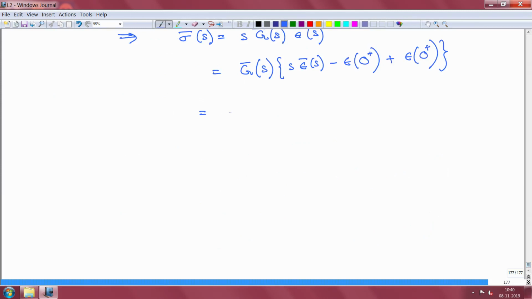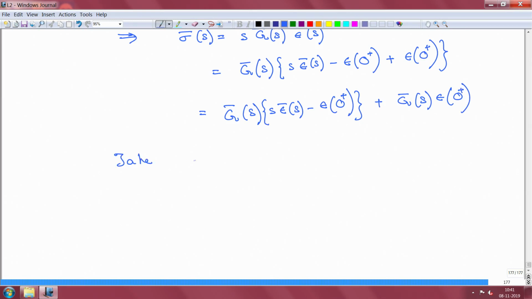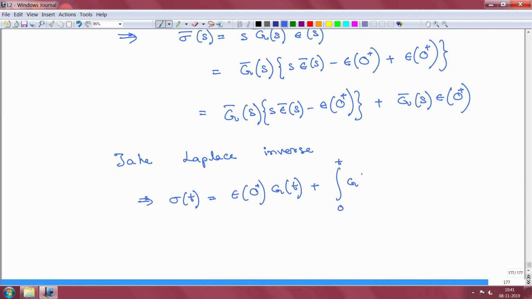So, you will end up having these two expressions, and then you take the Laplace inverse, and you will end up with sigma t is equal to, and then here you have, and remember we are now going to introduce a dummy variable.